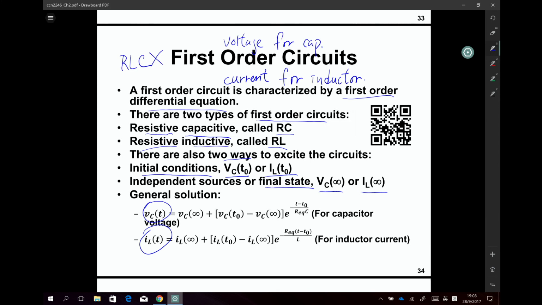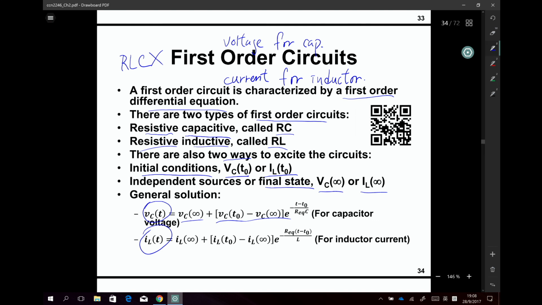Now, here we give you the general solution for the capacitor voltage and inductor current. They have a similar form. Vc(t) equals Vc(infinity) plus the bracket Vc(t0) minus Vc(infinity), times e to the power of minus (t minus t0) over Req times C. We will explain each part of the general solution later.